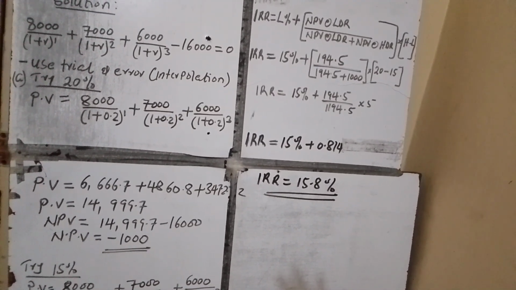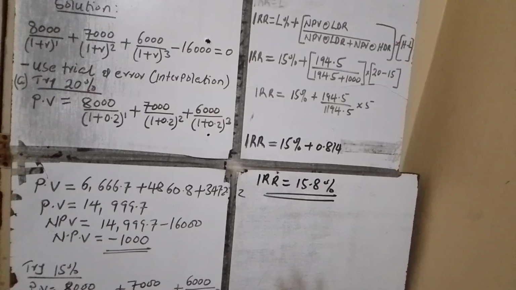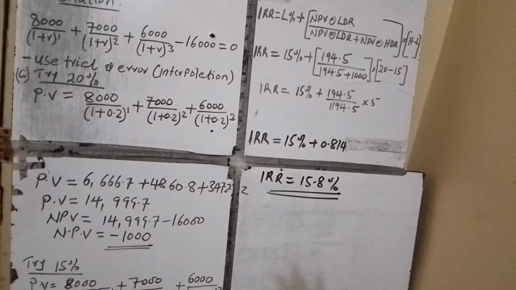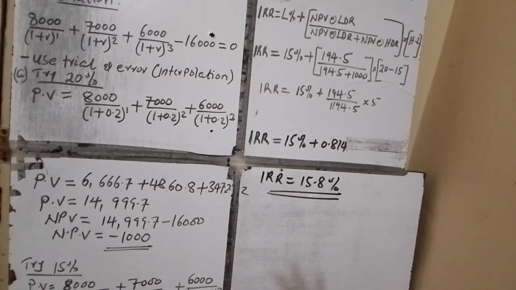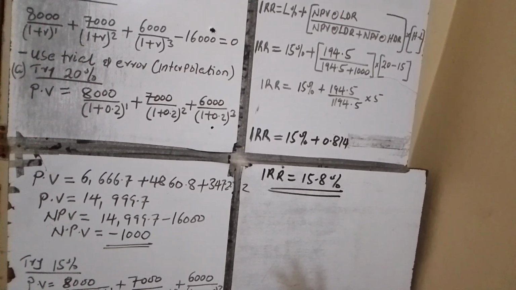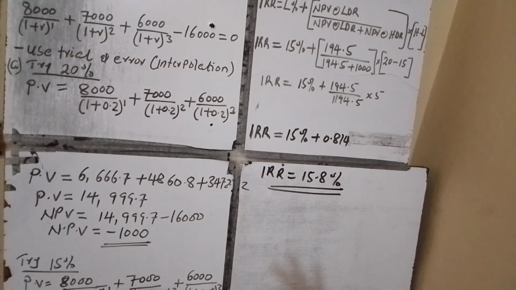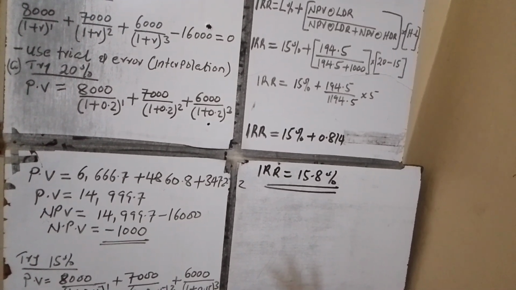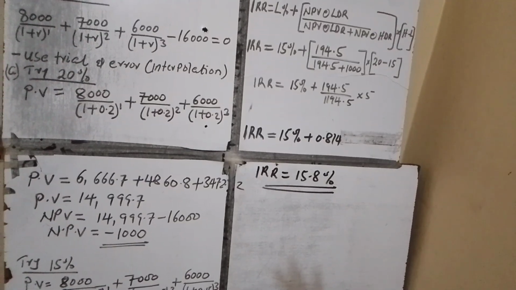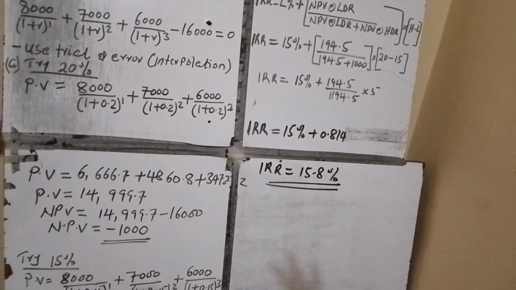Now if you work that out, you get 6,666.7 plus 4,860.8 plus 3,472.2, and the present value will be 14,999.7.